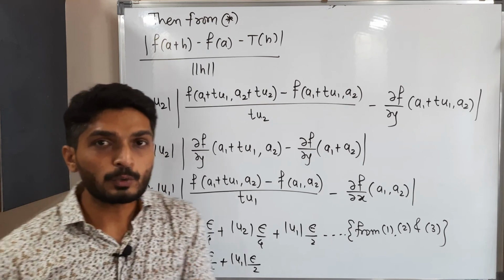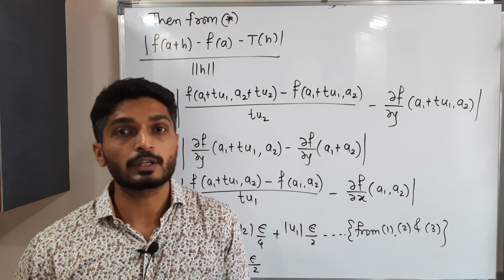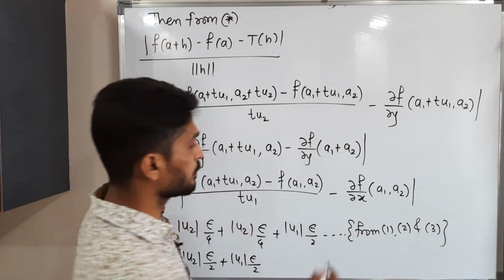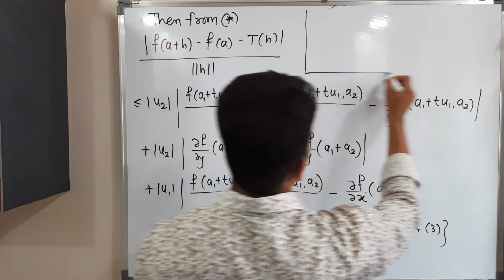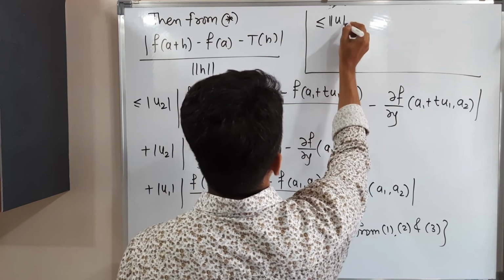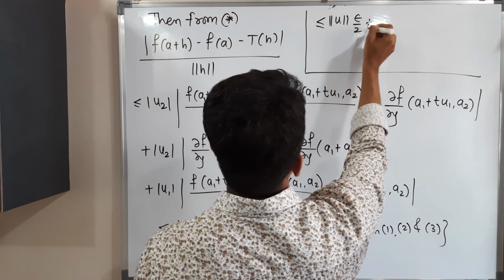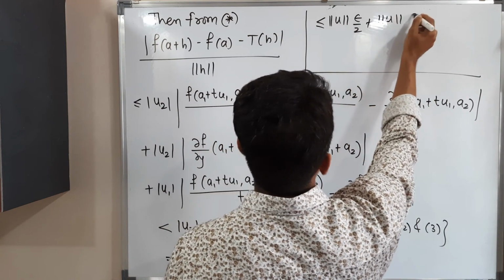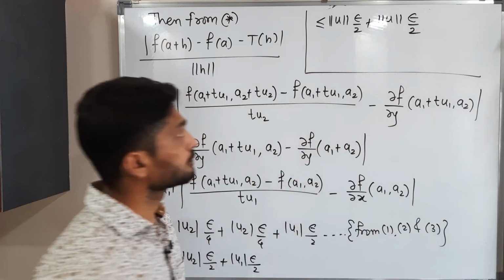But mod u1 and mod u2 are both less than or equal to norm u. So this is less than or equal to norm u epsilon by 2 plus norm u epsilon by 2.